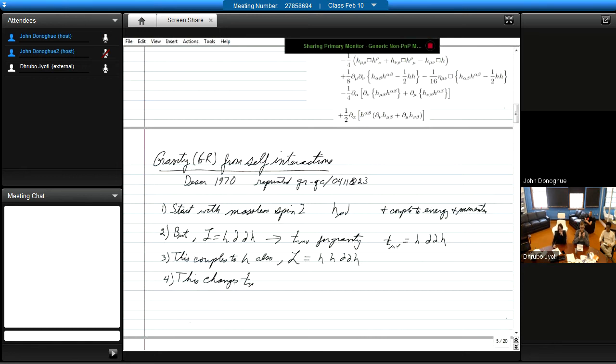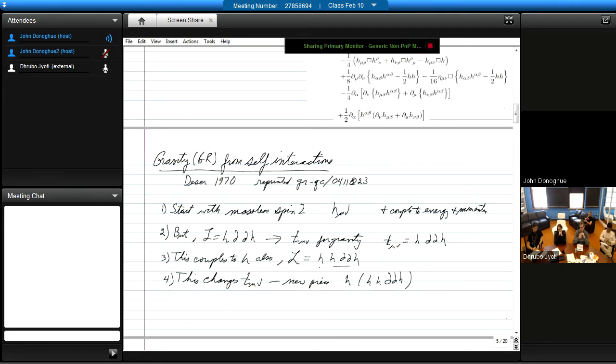This changes T mu nu. If you derive T mu nu from this, you get a new piece, which goes like H coupled up to H D D H. Okay, so we're building up nonlinear interactions.